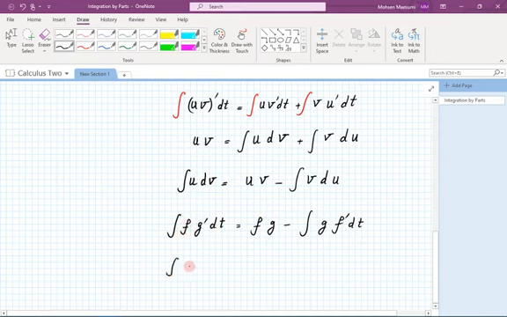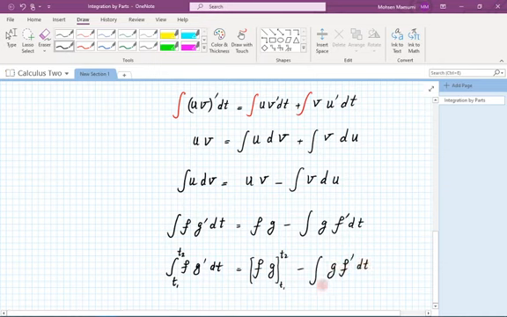So we write it like this: f g prime dt from time t1 to time t2 is equal to f times g, again from t1 to t2, minus the integral of g f prime dt, also calculated from t1 to t2. So these are different forms of writing the same idea.